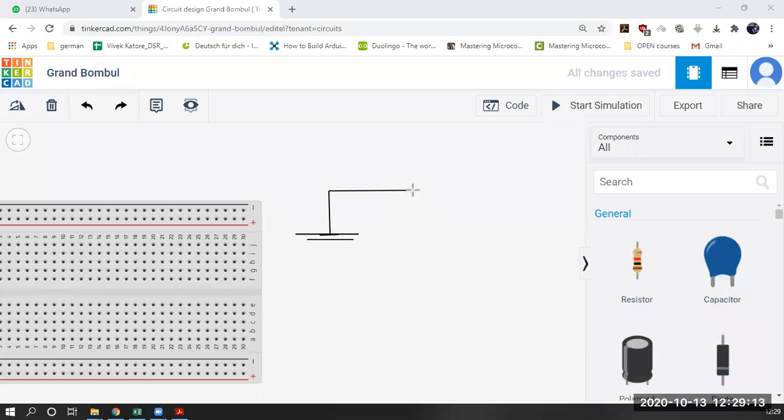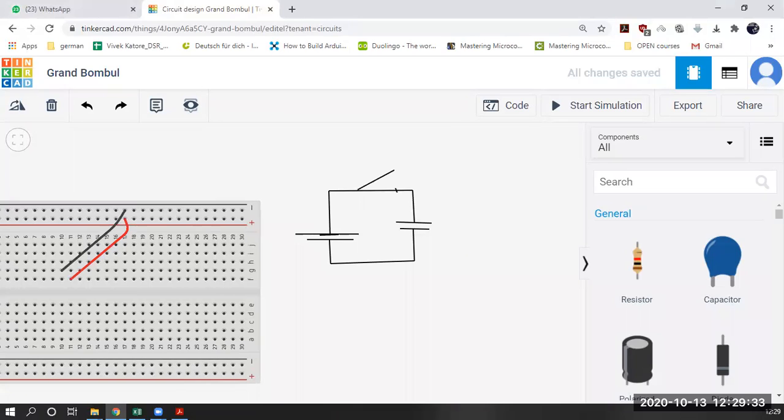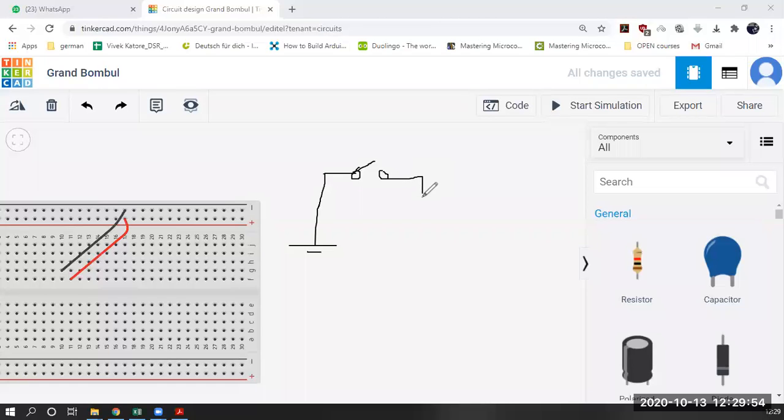Then I want to connect a capacitor, and in between I want to connect a switch also. I'm drawing very roughly, but you can understand it.